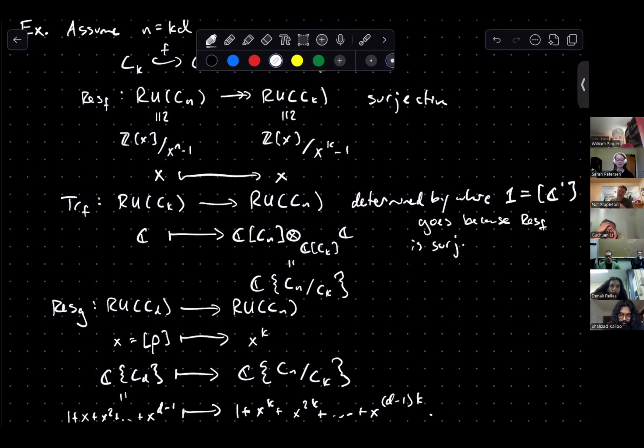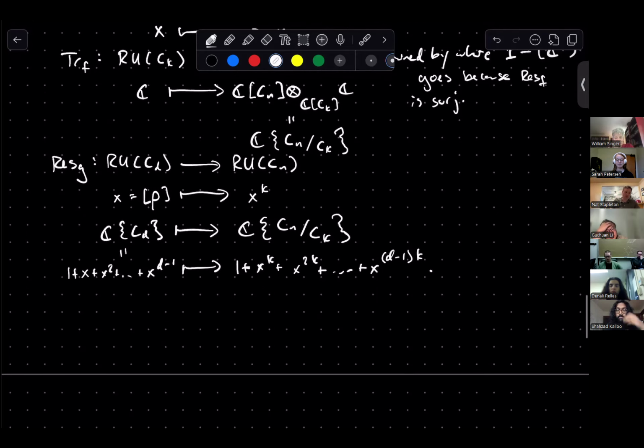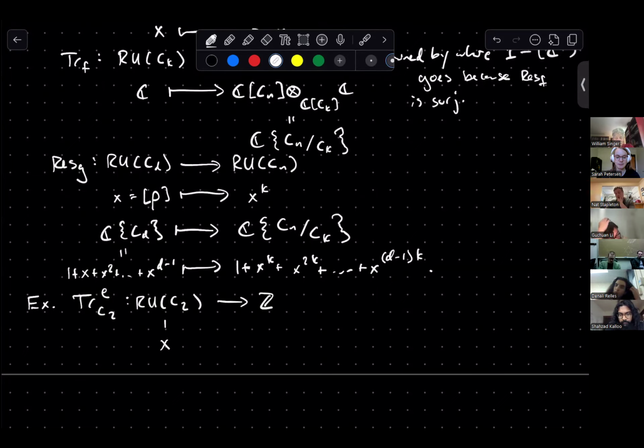Okay. I want to do one more example just because we should do a surjection. So I could take the transfer just along C2 to the trivial group, which goes from RU of C2 to RU of E, which is Z. And here I've got 1, and I've got X. And what we're doing when we take a transfer along a surjection is taking the quotient by the kernel, which in this case is all of C2.